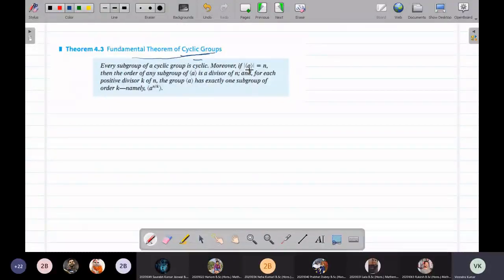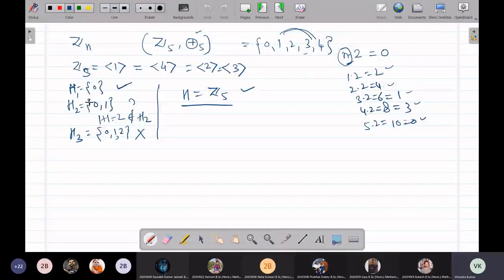Moreover, if the order of the group generated by A is equal to n, which equals the order of A, as we have discussed earlier in the properties of cyclic groups, then the order of any subgroup of the group generated by A is a divisor of n. Here, for Z5, the order is 5.